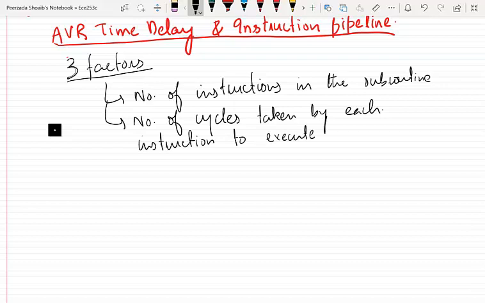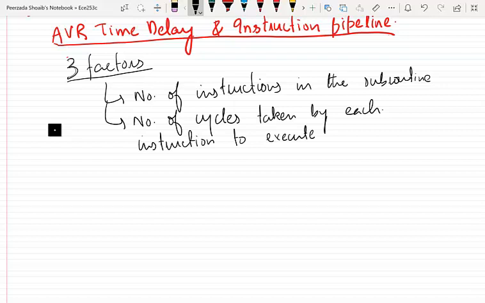How many cycles of the crystal frequency, or as we call them, machine cycles, does each instruction take to execute? Most of the instructions in the modern AVR microcontrollers take only a single cycle to execute. Most of the instructions, 90% of them, but there are some instructions that may take more than one cycle, that may take 2, 3 or 4 cycles to execute.